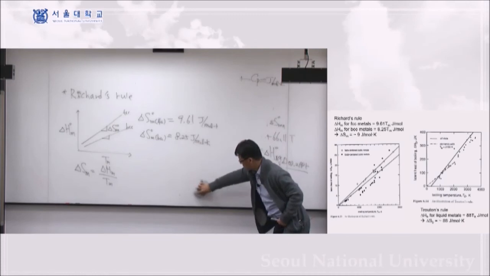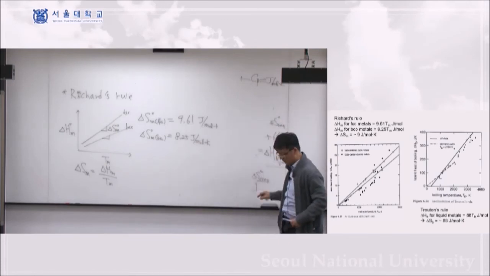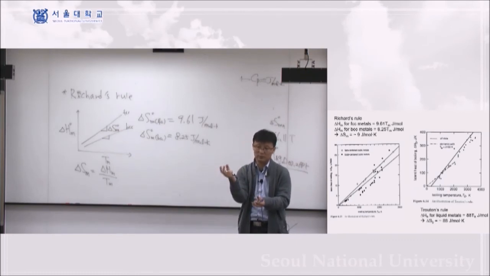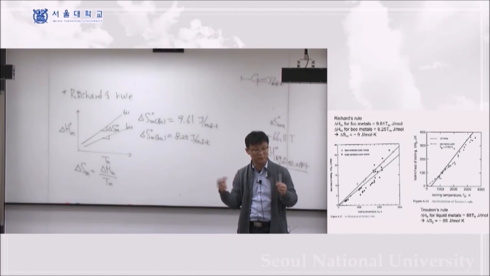So this is generally related: I have an FCC structure or BCC structure in solid, a certain crystal structure, and it becomes liquid, a very loose structure. The entropy change of this is almost the same regardless of your material. If you have a fixed crystal structure that has a certain entropy regardless of your element, and it becomes liquid phase, then it also has a certain entropy value regardless of your element.